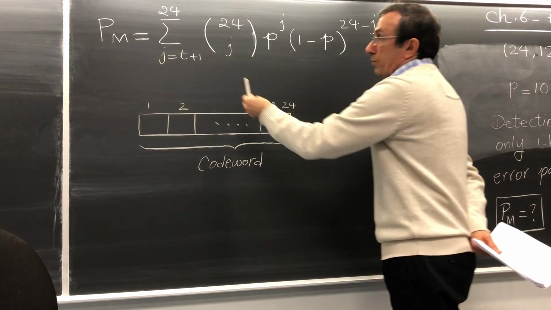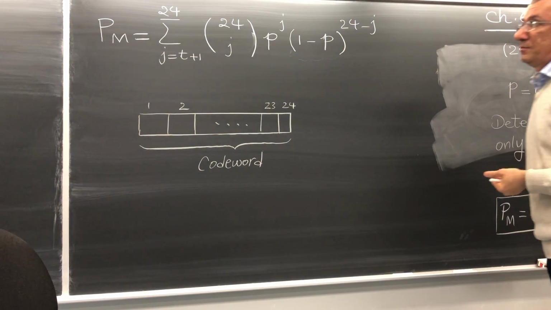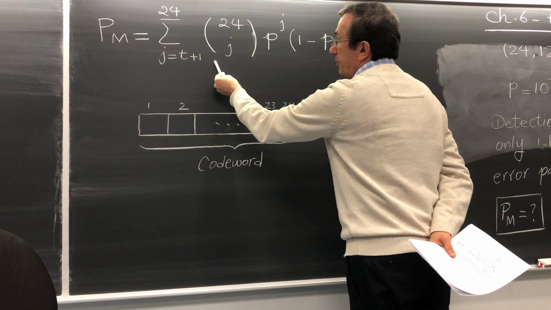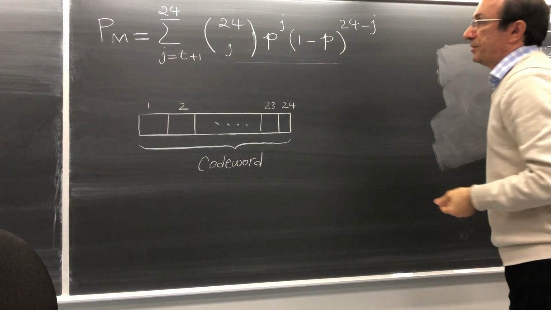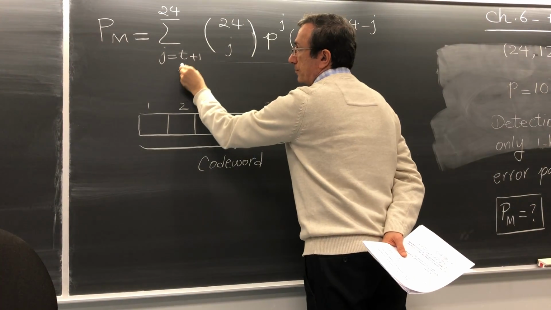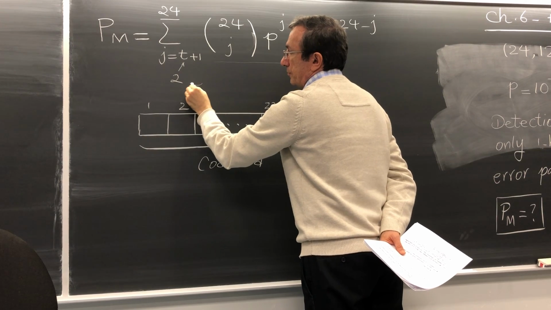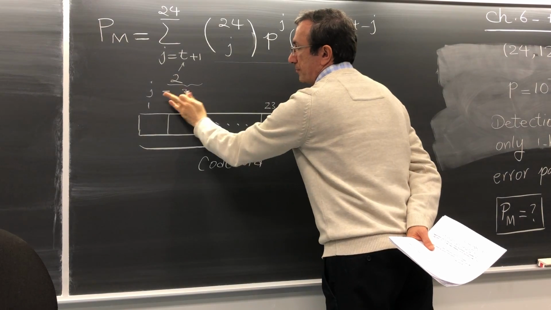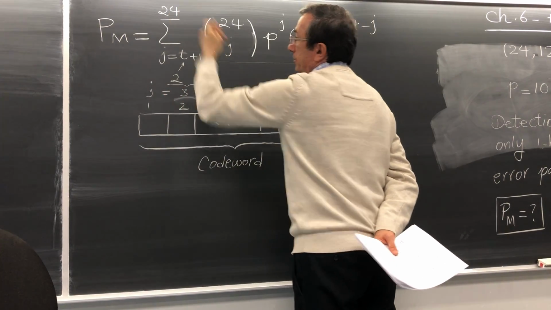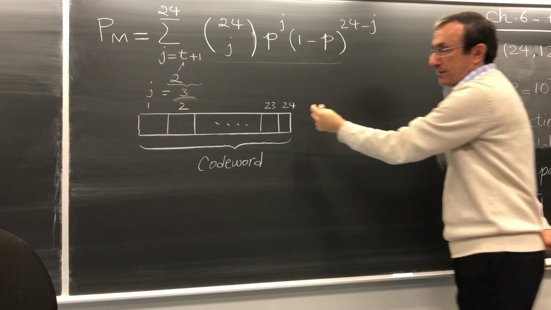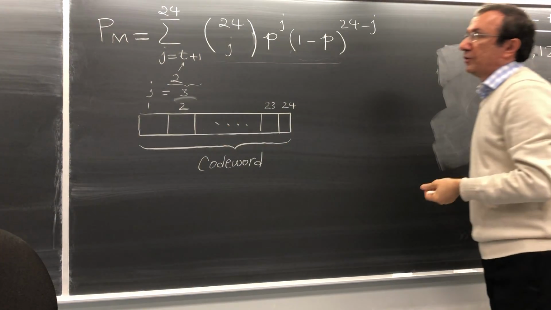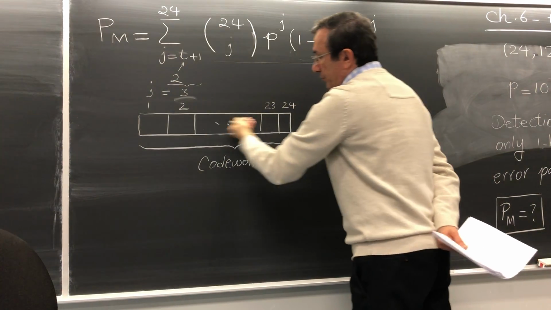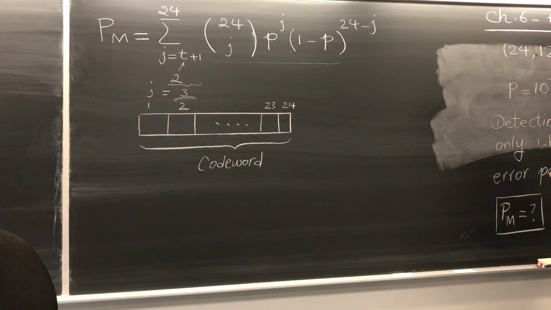So what the summation suggests is the number of possible bit errors starting from three errors all the way up to 24 errors in the bits we have in this code word. So 3 bits of error, 4 bits of error, all the way to 24 bits, all the 24 bits receiving an error.